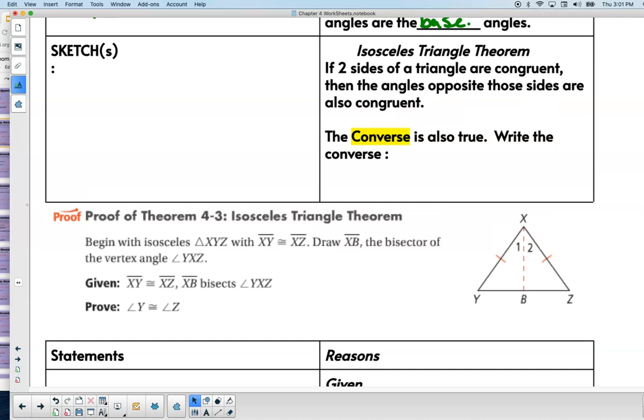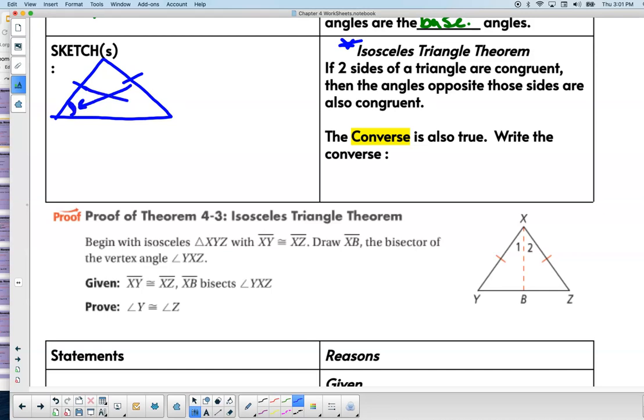Now, the isosceles triangle theorem. If two sides of a triangle are congruent, then the angles opposite those sides are also congruent.